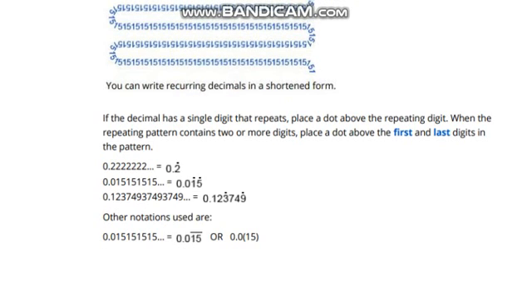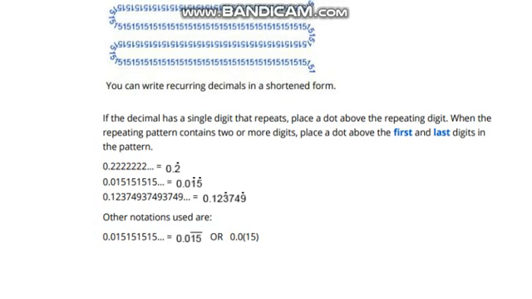If the decimal has a single digit that repeats, place a dot above the repeating digit. For example, 0.2222222. Here the 2 is the repeating digit, so we can place a dot above the 2.